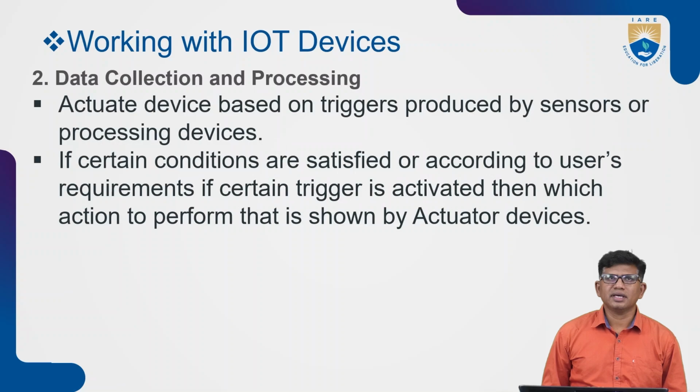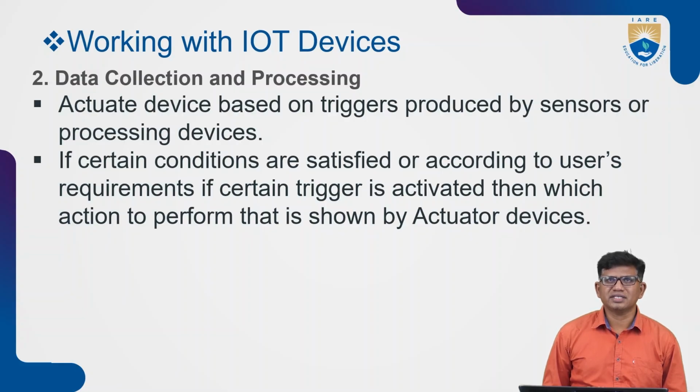And here, in data collection and processing, there is an actuating device. The actuating device works based on the triggers produced by the sensors and the processing devices. That means the actuating device will start working based on the sensors and processing devices. Actuators get information from the sensors or the processing device.